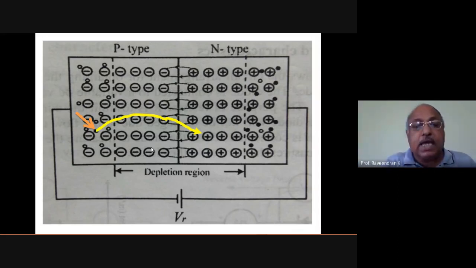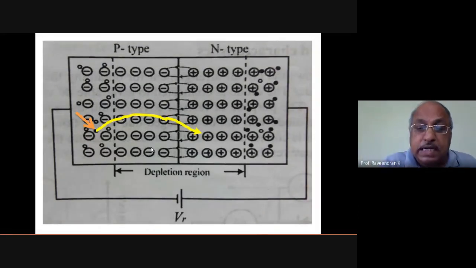Instead, there will be a very small minority carrier current due to the thermally generated electrons and the wide depletion region formed. So these thermally generated electrons will move across the junction as a leakage current.